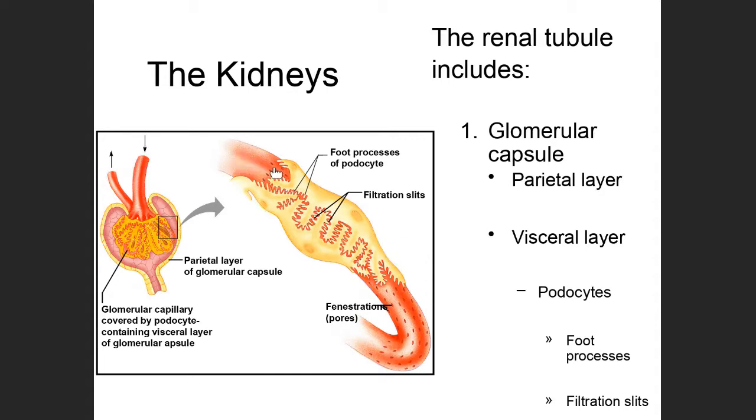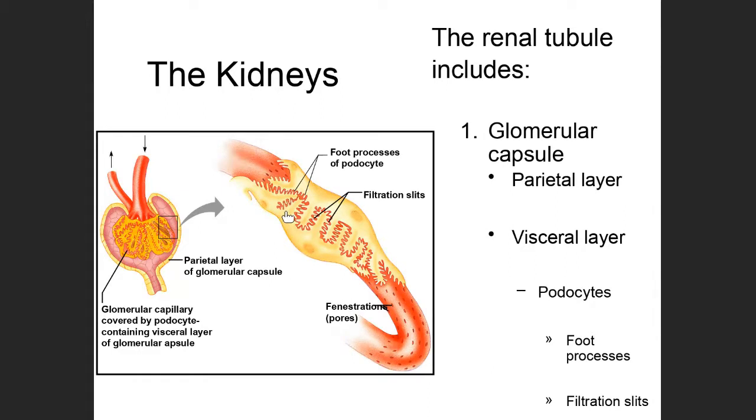So you can see one portion of that capillary. You can see it's fenestrated. We've got the pores that the artist is showing are built into it. But I want you to also notice that, at least in the case of this little segment of the glomerulus, we have a cell. The cell is known as a podocyte, so that means foot cell basically, for reasons that we'll talk about in a minute.